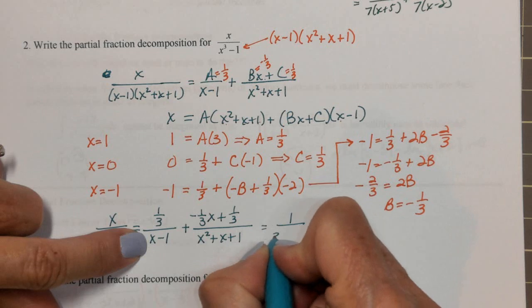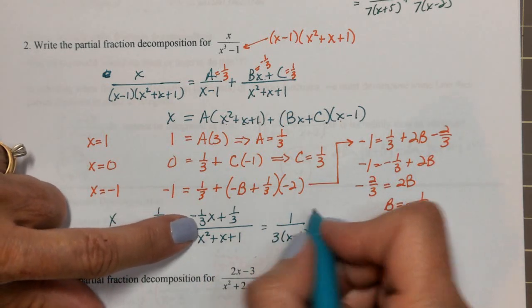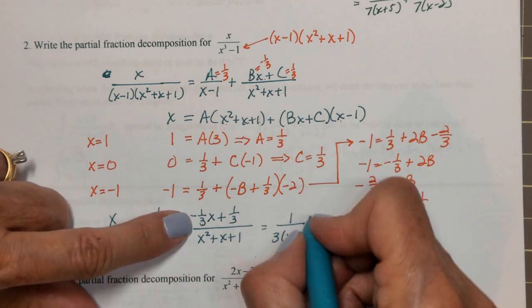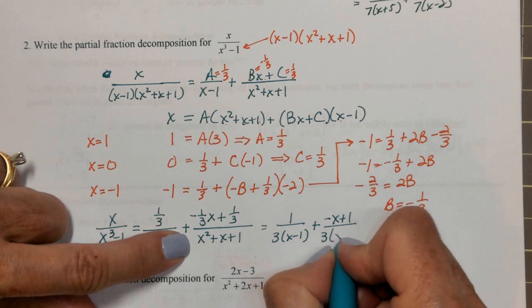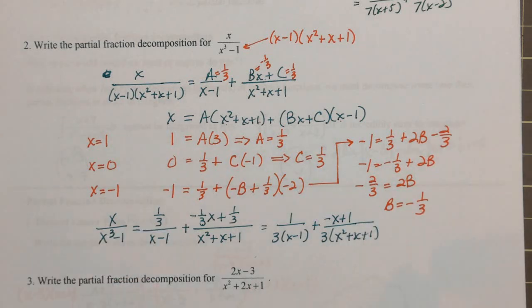So 1 over 3 times x minus 1 plus, if I multiply top and bottom by 3, it's going to get rid of this 3 and that 3. So I'll have negative x plus 1 on top, 3 times that on the bottom. Okay, very good.